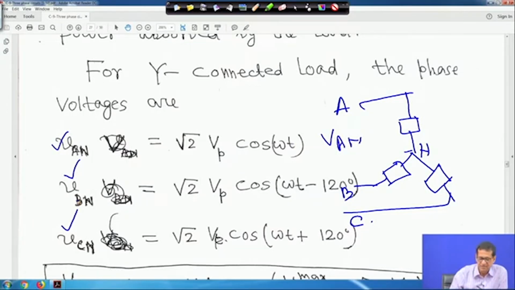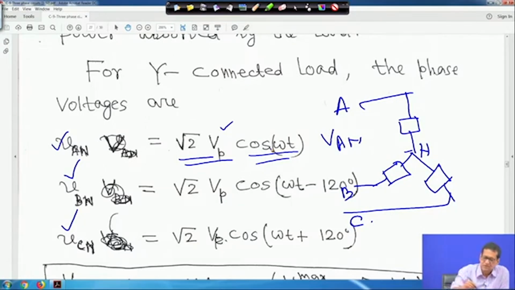The phase voltage is VP, the magnitude of the phase voltage, that is the RMS value, and multiplied by root 2 it is the peak value, representing it by a cosine term. Cosine can also be converted to sine by sine of 90 degree minus theta equal to cos theta. So we are representing this as a cosine.